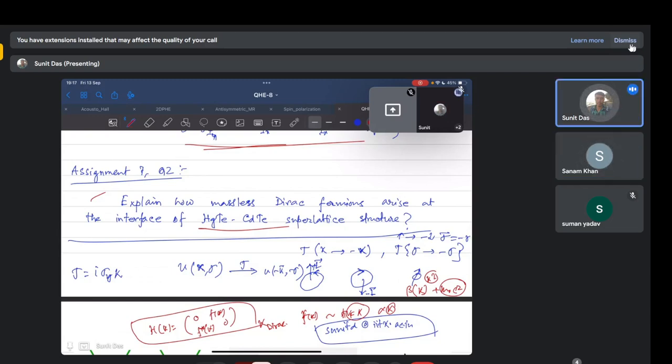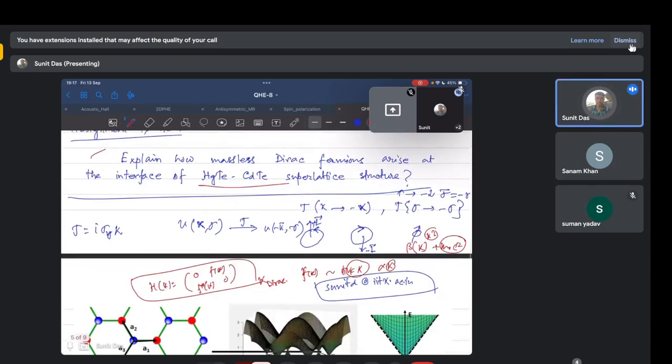So do you want the derivation, or do you want to understand physically what is happening? Okay, so physically, what do we mean by time reversal symmetry? When you say that a system is time reversal symmetric, then we can say that the time reversed motion is kind of the same as the time forwarded motion, right?